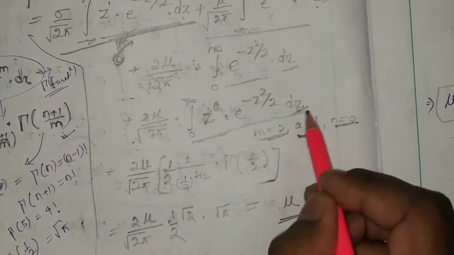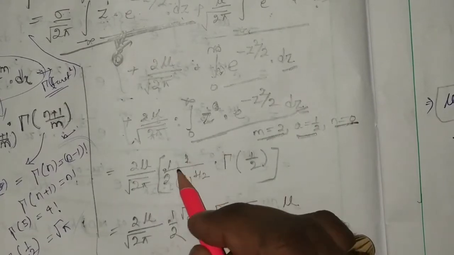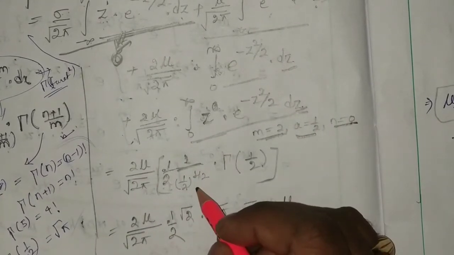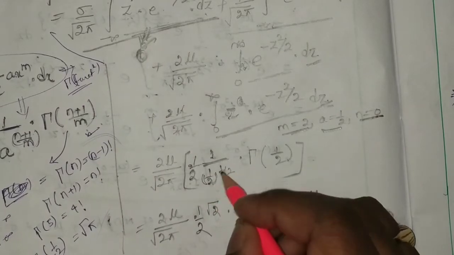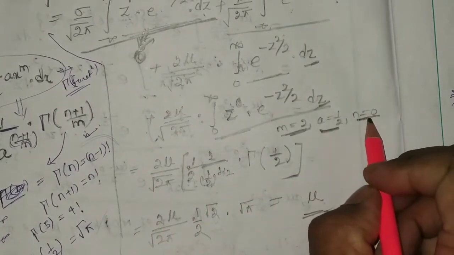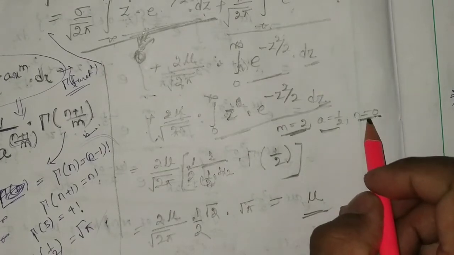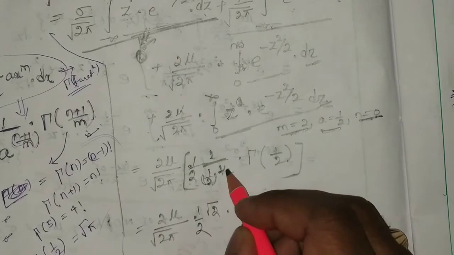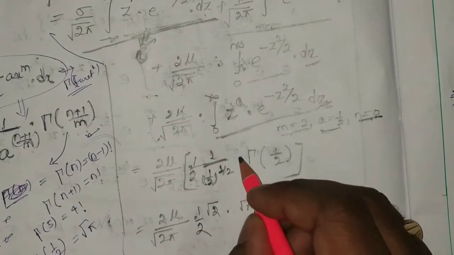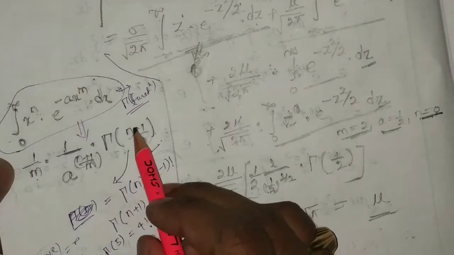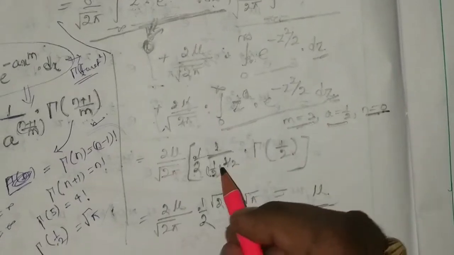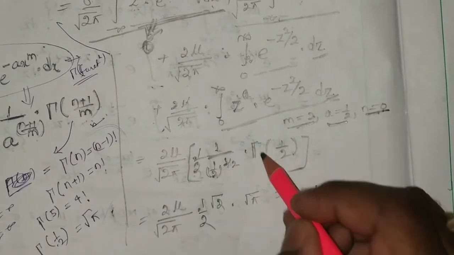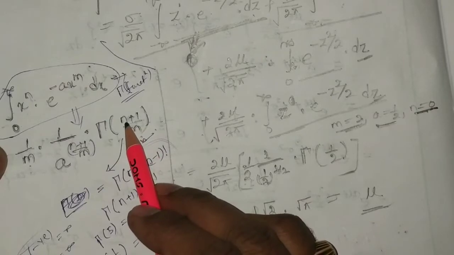So 1 by 2, into 1 by a to the power n plus 1 by m; a is 1 by 2, so 1 by 2 to the power, n is 0, 0 plus 1 by 2, that means 1 by 2 to the power 1 by 2, into gamma of n plus 1 by m, so here m is 2, gamma of 0 plus 1 by 2.